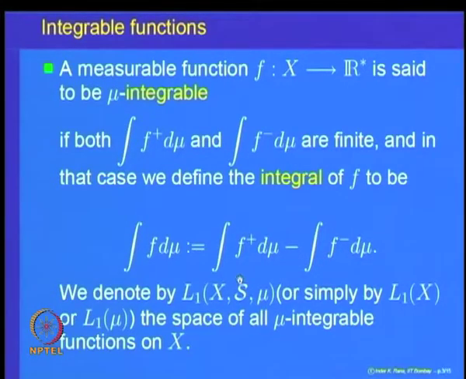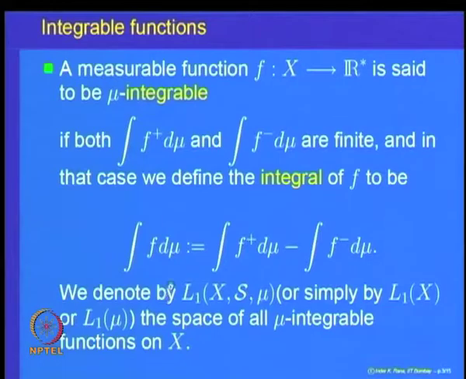The class of all integrable functions on the measure space (X, S, mu) is normally denoted by capital L lower 1 (X, S, mu), or sometimes we drop S and mu if they are clear from the context, or sometimes we just emphasize mu because we know what X and S are.